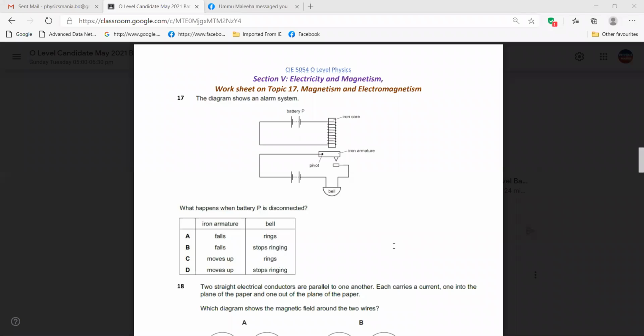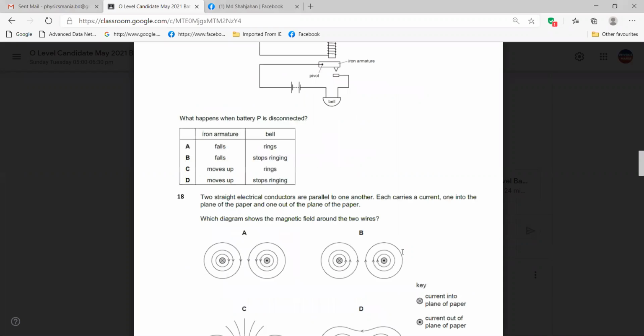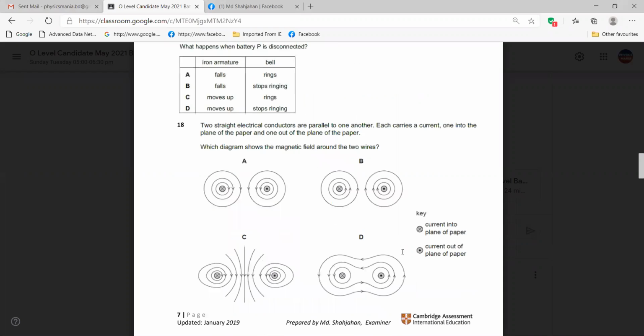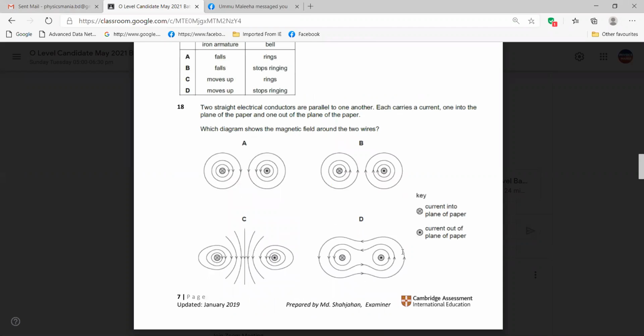You can do 18 now, right? Yeah, hope so. So is it C? Yes.